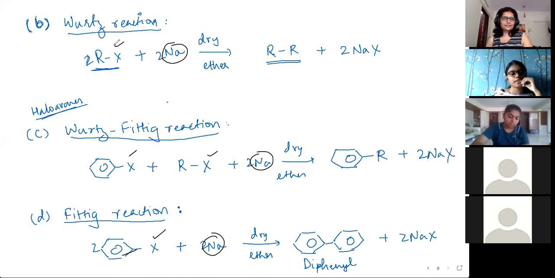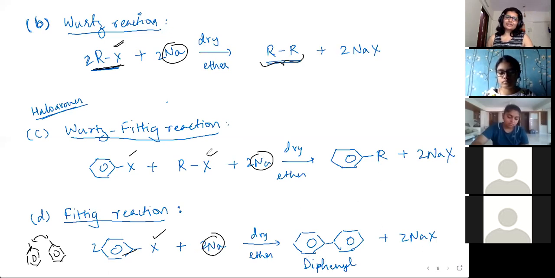So you remove the 2 chlorine atoms from the haloalkane, the 2 R's bond with each other, and you end up with an alkane with double the number of carbon atoms. Here you remove the 2 X's, and you're left with just 2 phenyl groups, each with an extra bond. So they just join with each other and you end up with diphenyl.